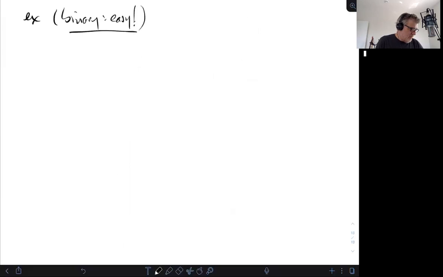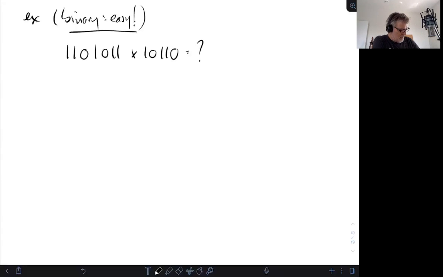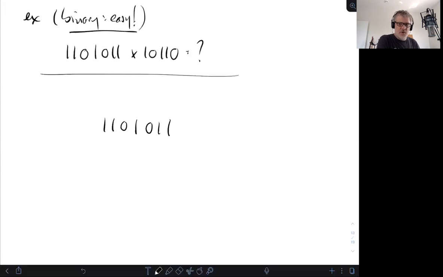Let's say I want to compute 1101011 times 10110. Okay, so let's do that. 1 1 0 1 0 1 1. This one I'm going to do more to illustrate the algorithm, so I'm not going to do it properly. You'll see what I mean in just a sec. So I'm going to illustrate how we work this out.